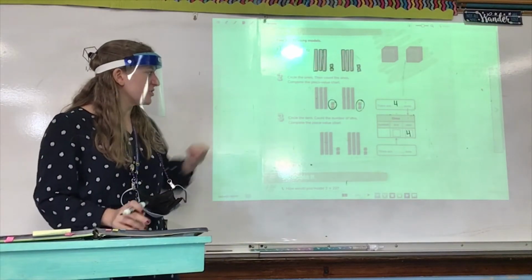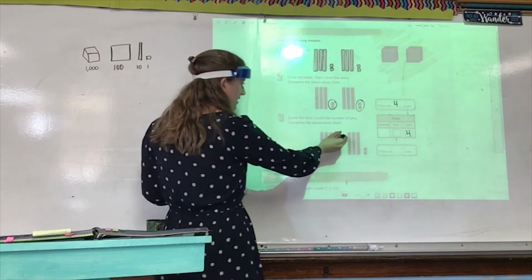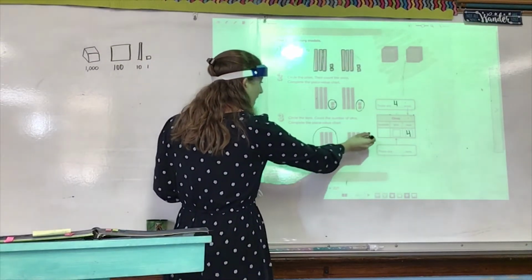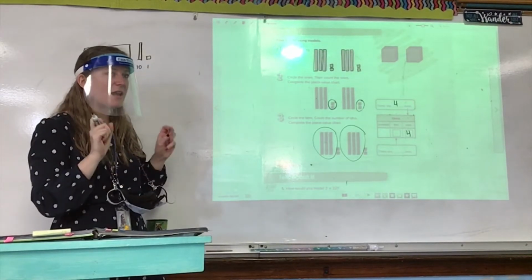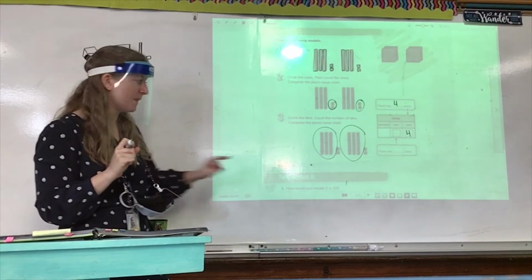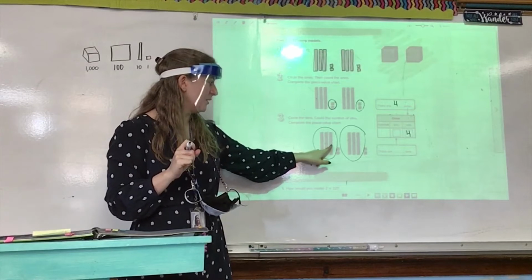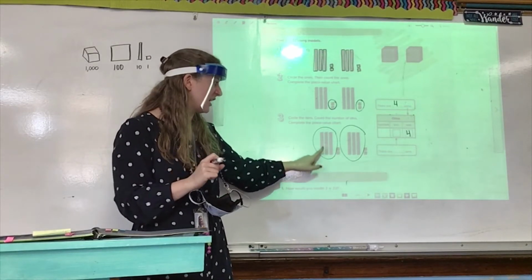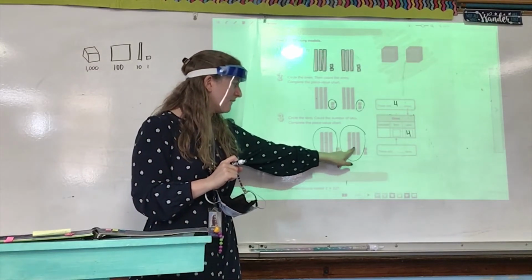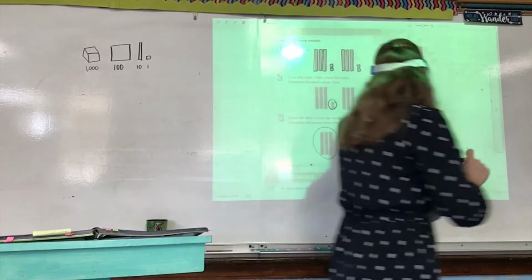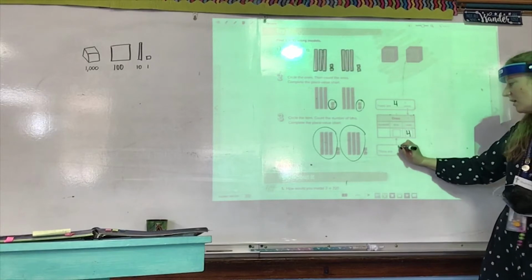Okay, so now circle the tens. Let's circle the tens in our first model of 32, and let's circle the 10 in our second model of 32. And now let's count them. Count with me. 1, 2, 3, 4, 5, 6. So there are how many tens, class? 6.